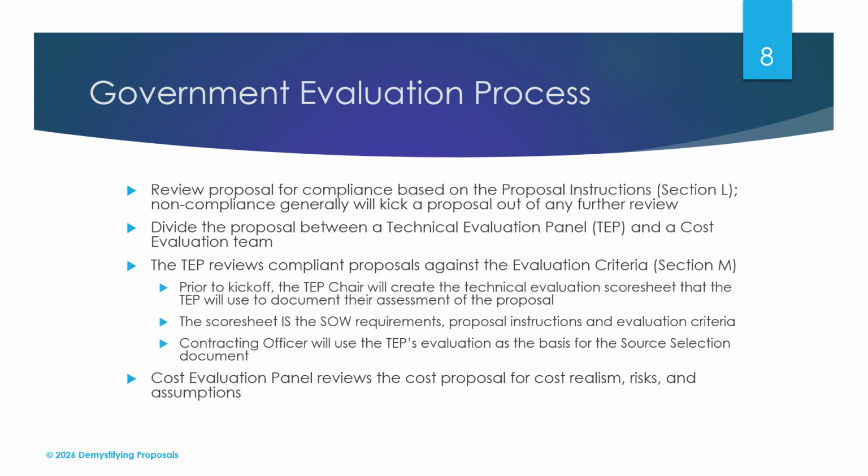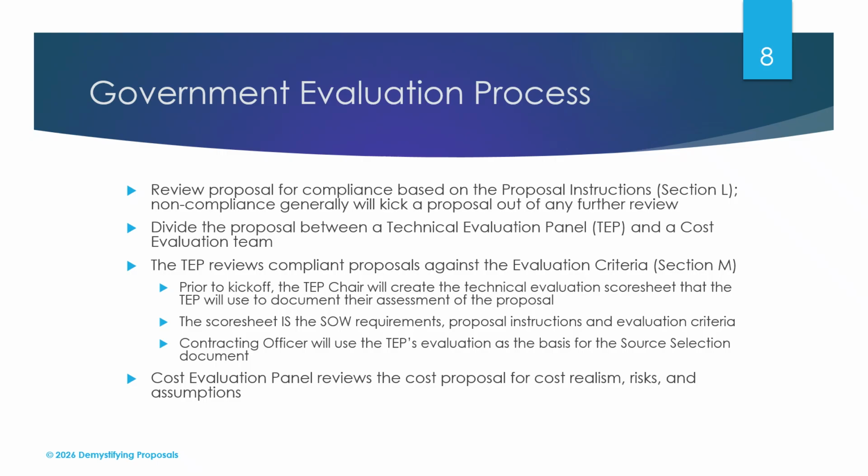And then they will divide the proposal between a technical evaluation panel and a cost evaluation team. The technical evaluation panel reviews any proposals that are considered compliant against the evaluation criteria, that is Section M. So prior to the kickoff of the TEP's meeting, the TEP chair will create a technical evaluation score sheet that the TEP will use to document their assessment of the proposal.